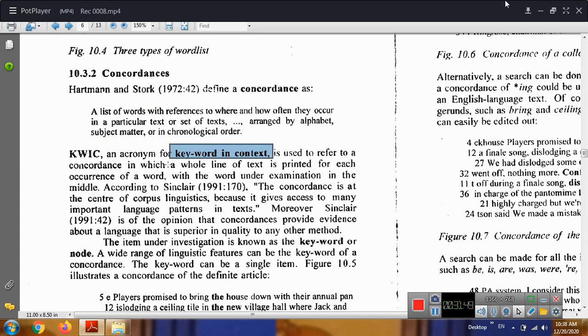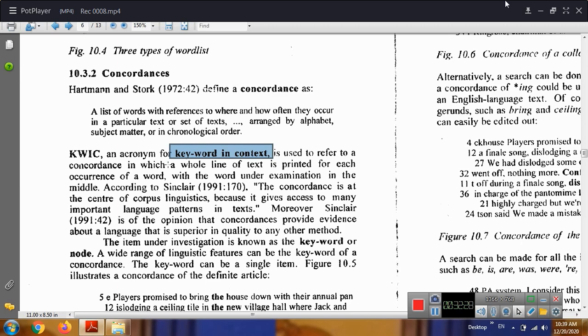It is used to refer to a concordance in which a whole line of text is printed for each occurrence of a word, with the word under examination in the middle.